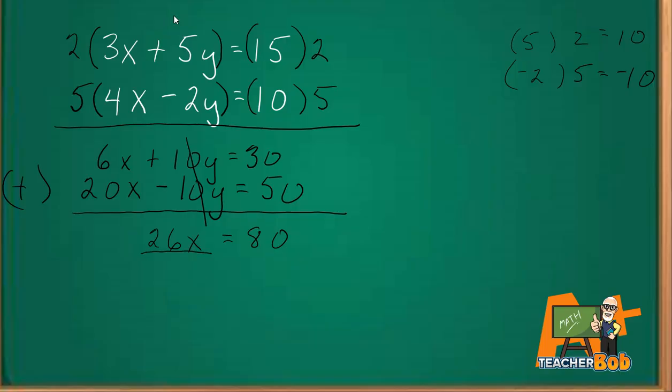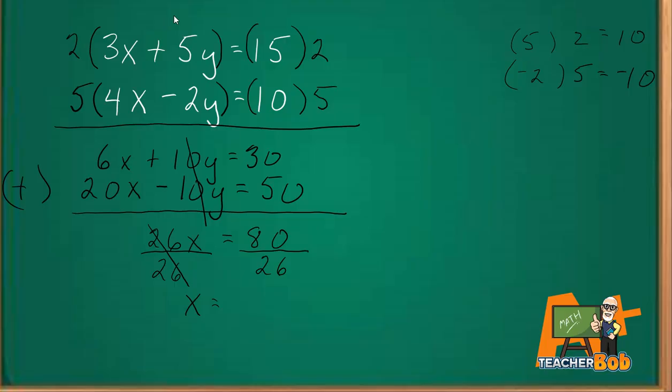And we're going to divide 26x by 26 to isolate the x. We're going to do that to the other side of our equation. So we end up with x is equal to 80 divided by 26.